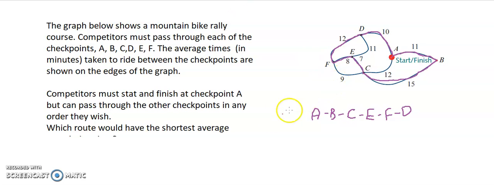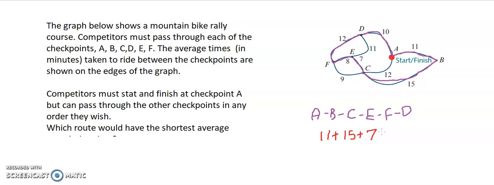Now the next thing that we need to do, we found the shortest route, we want to also look at the cost. So in this case here, I know A to B is 11 minutes. We know B to C is 15. C to E is 7.